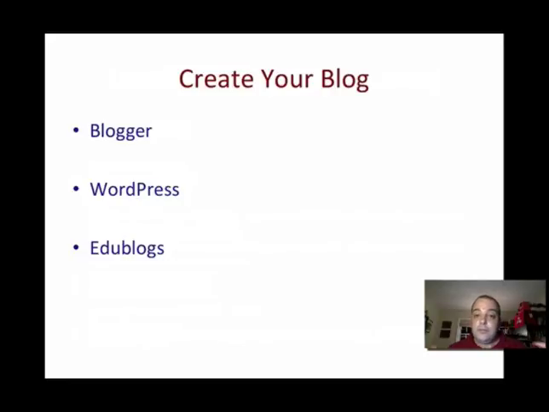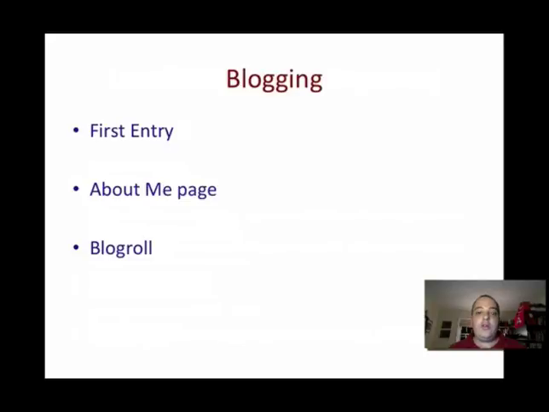So, choose your blogging tool as you see fit, and maybe go in and play around with them a little bit to see which one you like better. Once you've selected a blogging tool, there are a couple of things that I'd like you to do. The first is to go in and post an entry. In most cases, there will be an entry already in there that says something like my first entry or my first blog post.